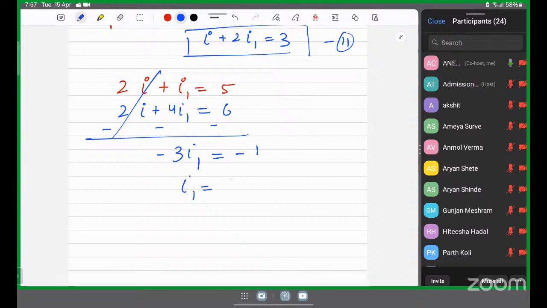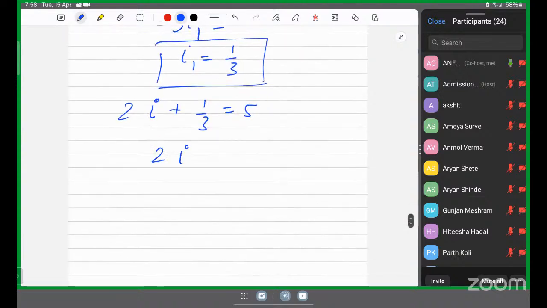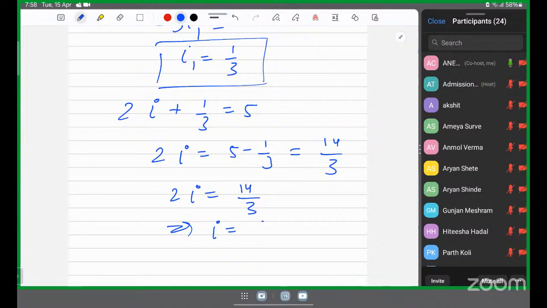So current I1 will be 1 by 3. If we know the value of I1, we can find out I. Twice of I plus I1 is equal to 5. So twice of current I will be 5 minus 1 by 3, which is 15 minus 1, 14 by 3. And 2I is 14 by 3 implies that I will be how much? 7 by 3 ampere. Understood or any doubt?